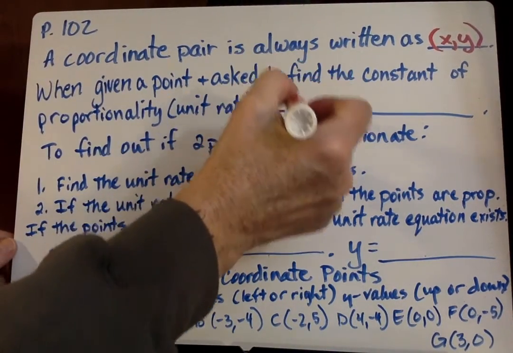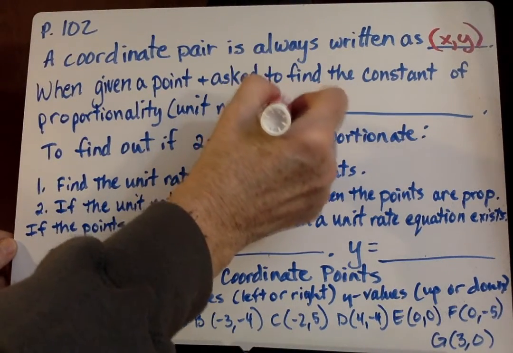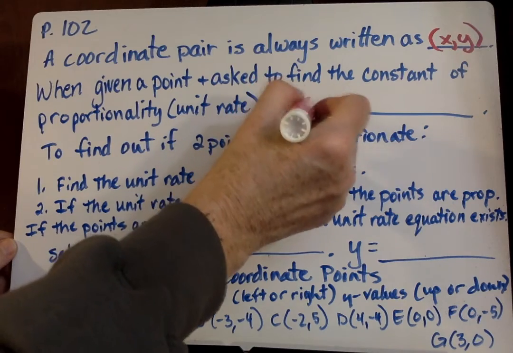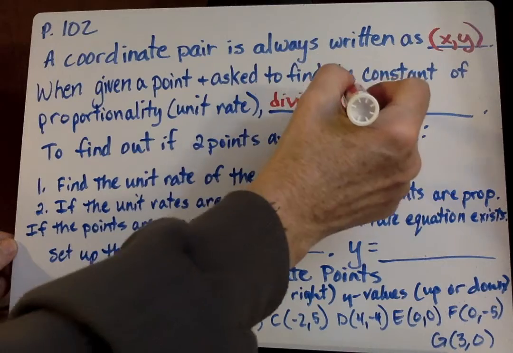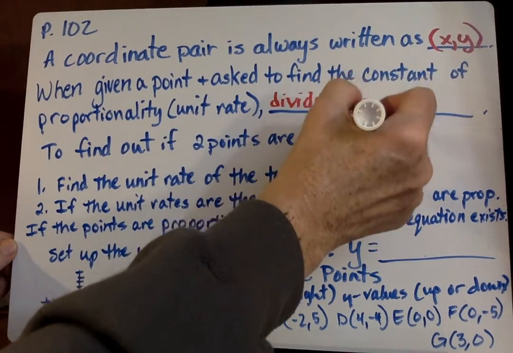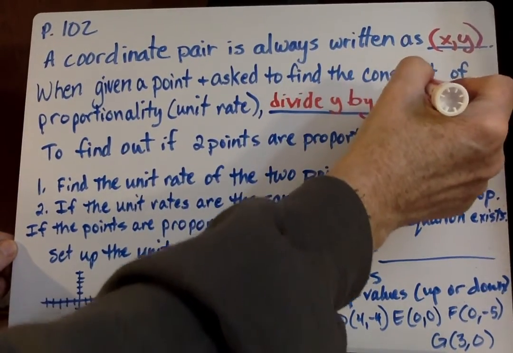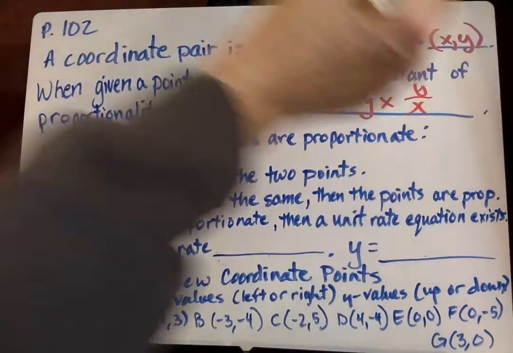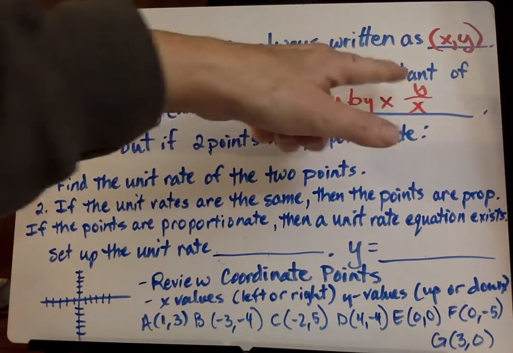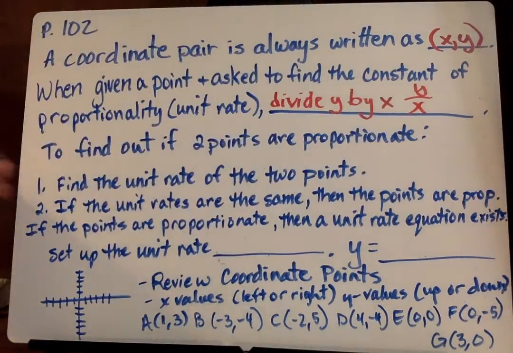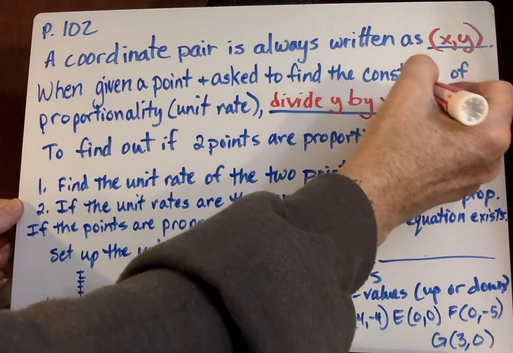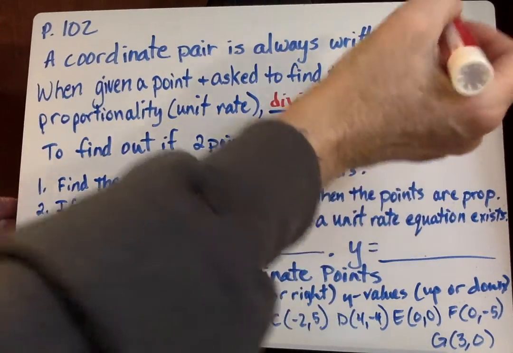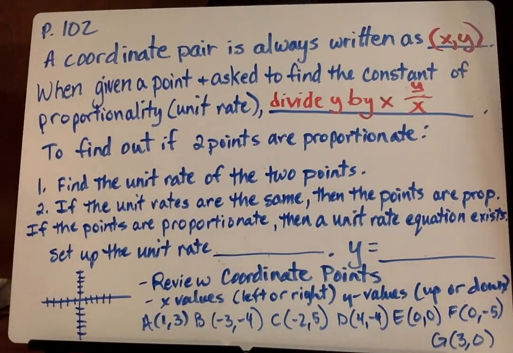Divide y by x. And that means put y in your calculator first, divide x. That's kind of a weird looking y. Let's try that one again. That's not the best either, but anyway.